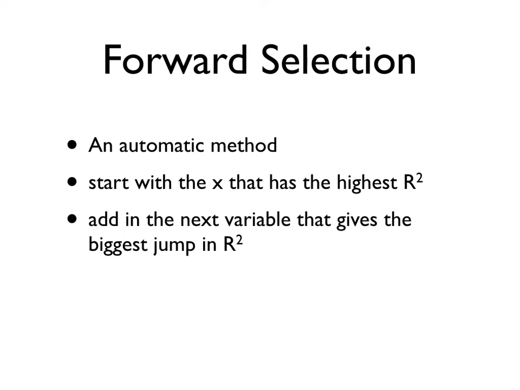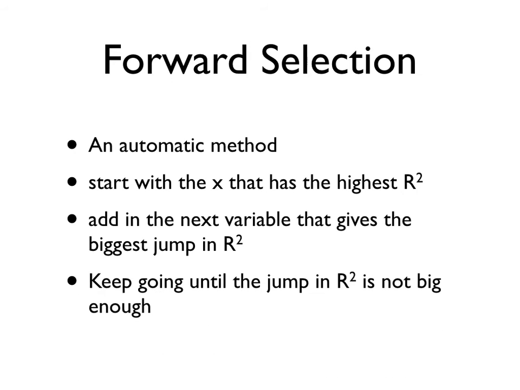Then you add the next variable that gives the next biggest jump in R-squared. You can see why doing this by hand would usually be a hellish nightmare, so you do this with a computer. You keep going until the jump in R-squared is not big enough. And you don't touch the defaults of the computer because they're put there for a reason. Usually it's like, is it a significant amount?